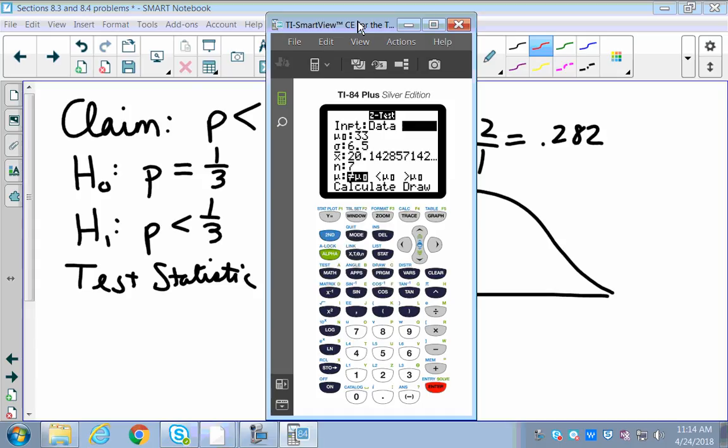Oh, that's for my mean. So I found my Z, yes? There's a formula as well.